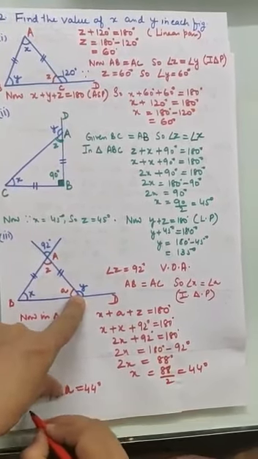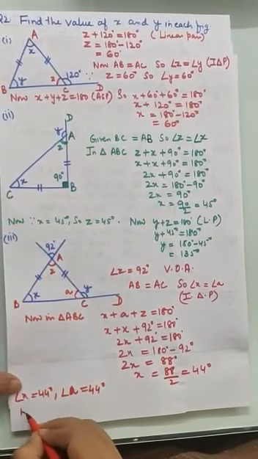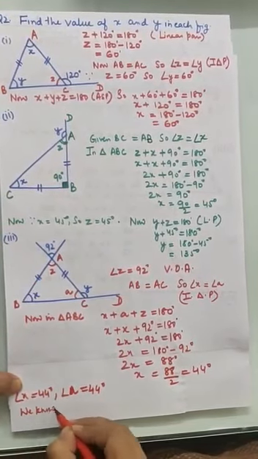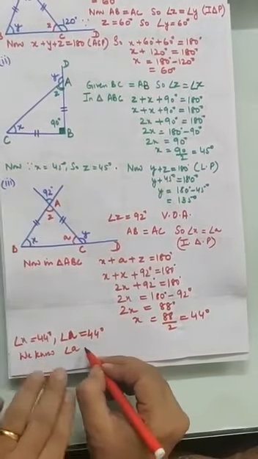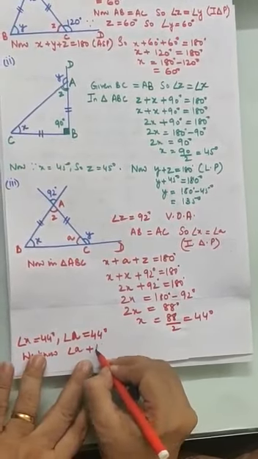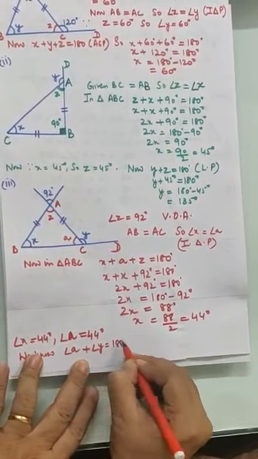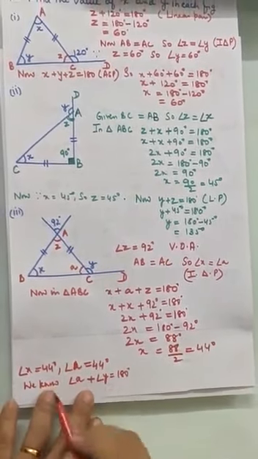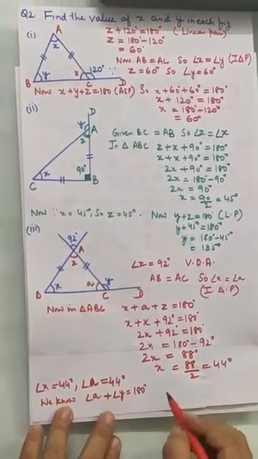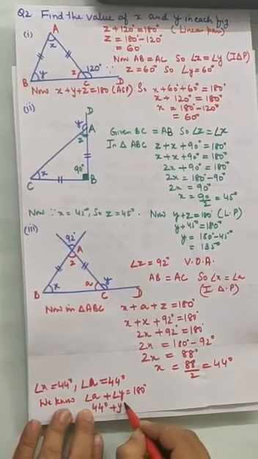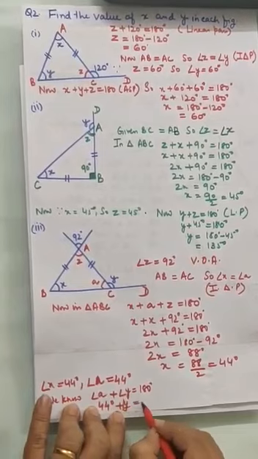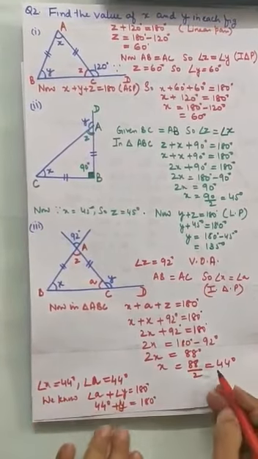So we know that angle A plus angle Y equal to 180 degree. Now A is how much? It is 44 degree plus angle Y, that is equal to 180 degree.